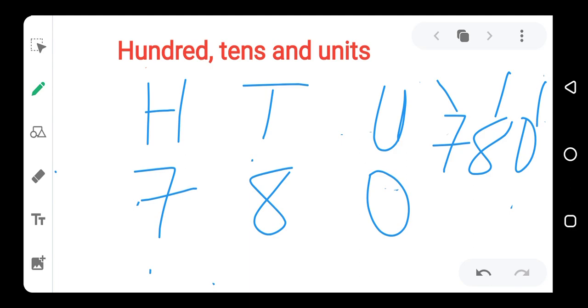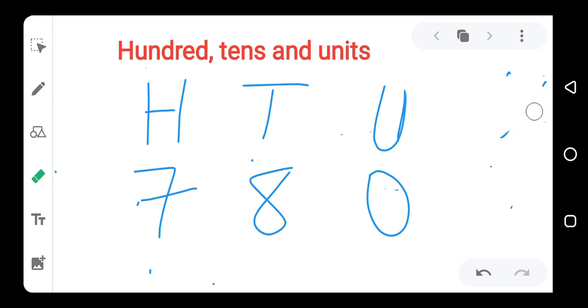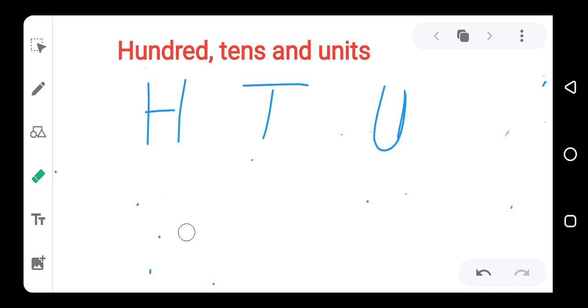Now let's do another one. If we have 945, how are we going to write this one? We put the first number under units, the second one under tens, and the third one under hundreds.